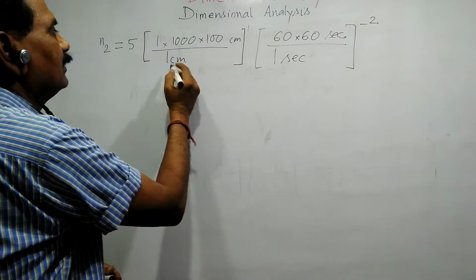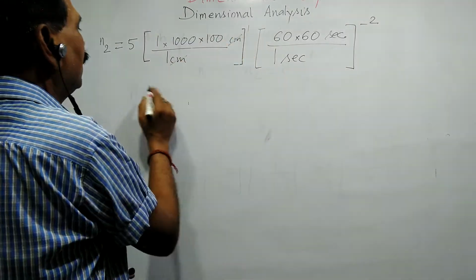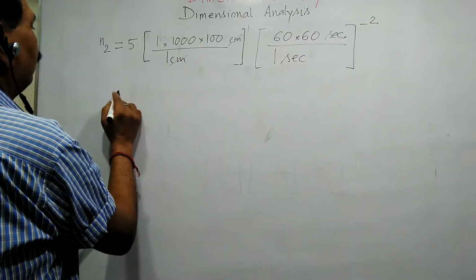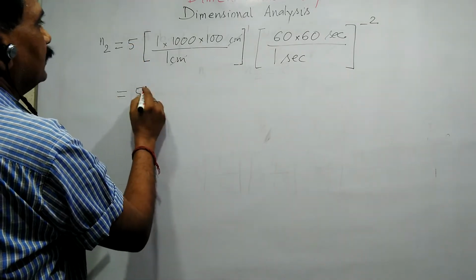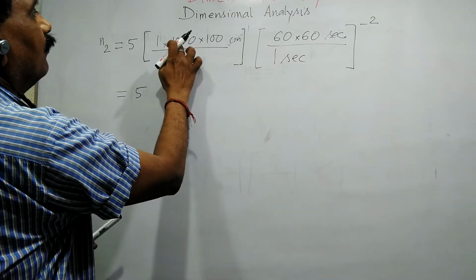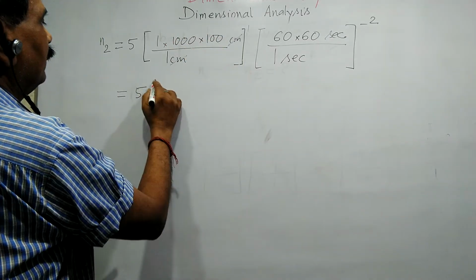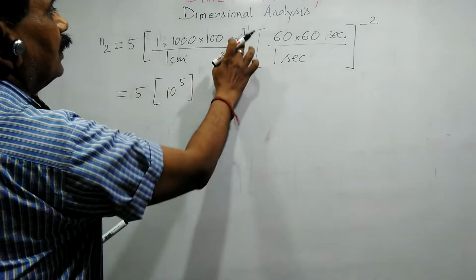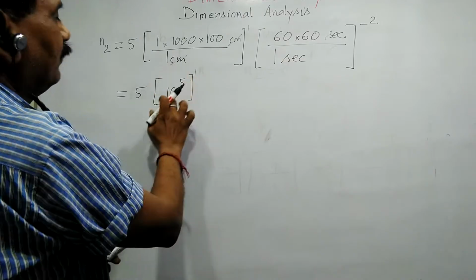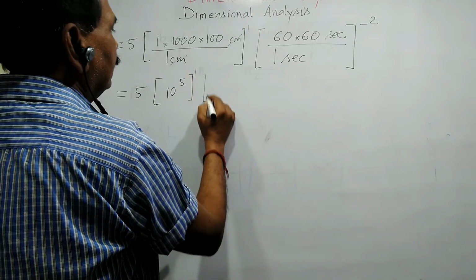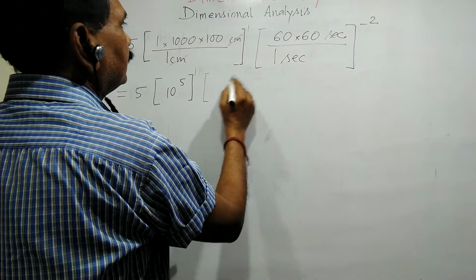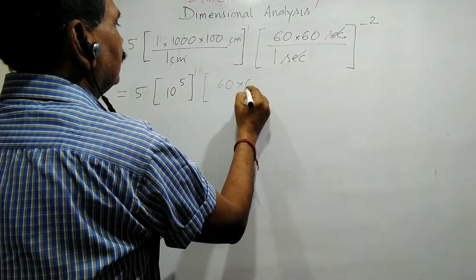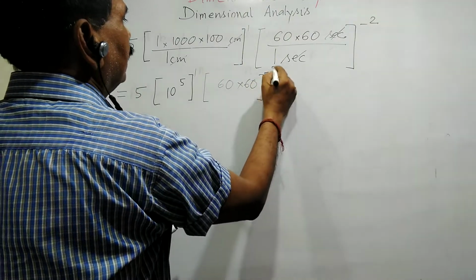Now let us see. The centimeter will be cancelled; the system of unit is the same now. Then this will have 5, and 1000 into 100 is 10 to the power 5, having power 1 divided by 1. And here 60 into 60 having power minus 2.